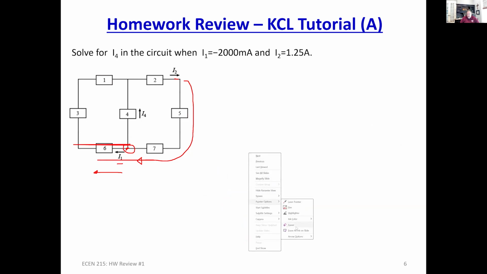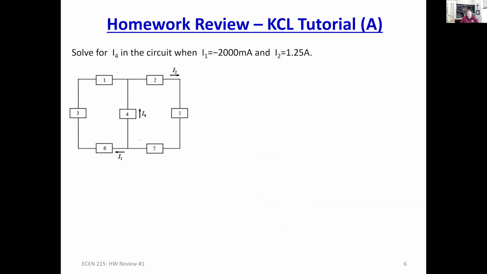So we could technically say that I1 is minus 2 amps this way.